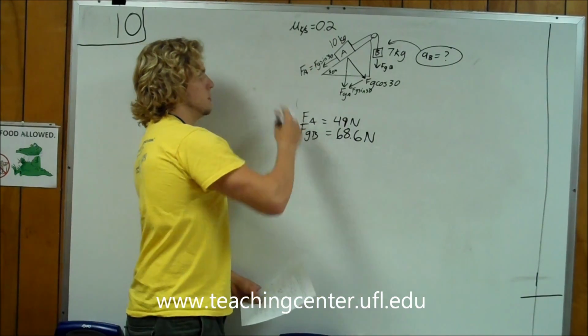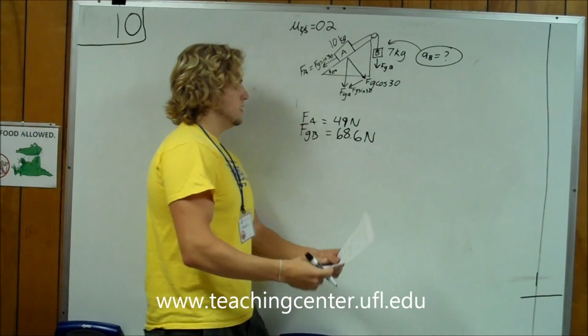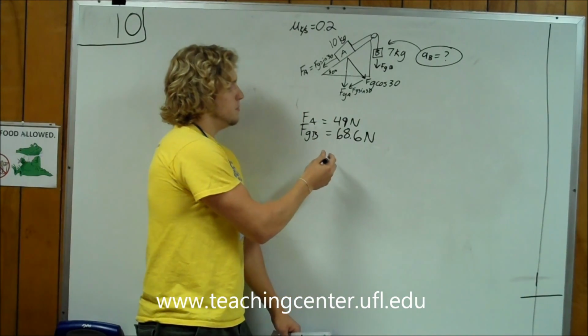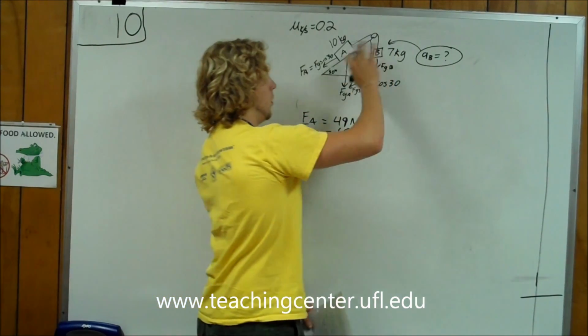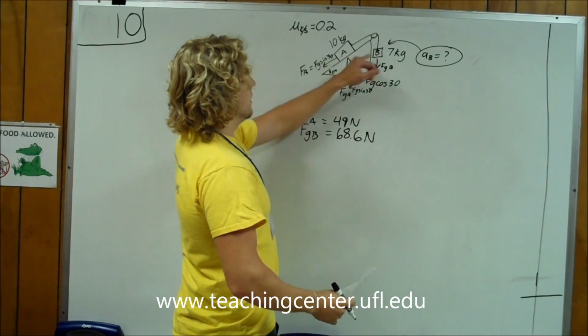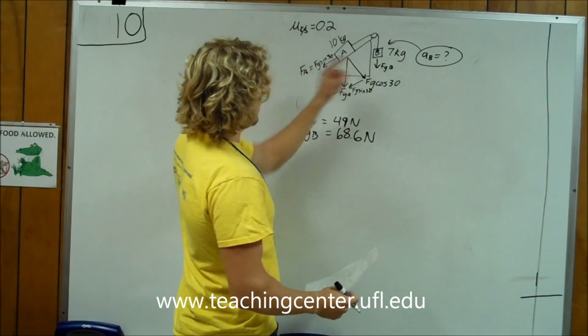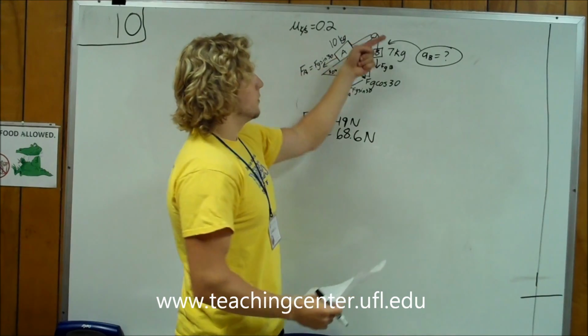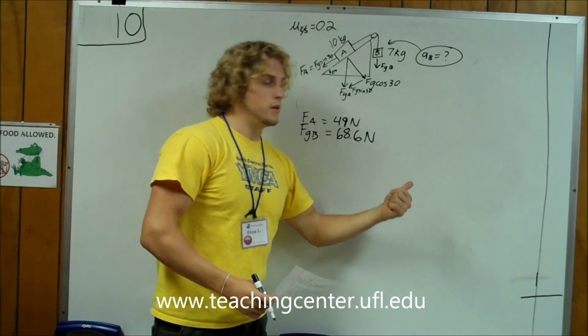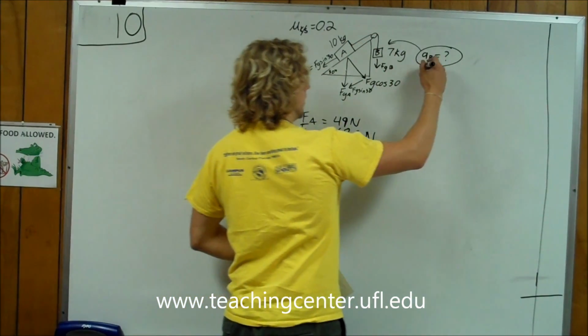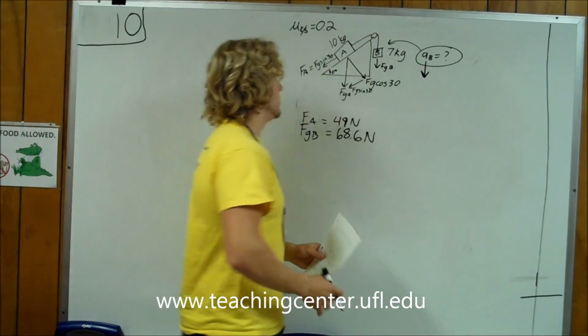So we have FA being pulled down this way, FGB pulling down that way. FGB is bigger than FA, so overall A and B will be moving this direction. A will be going up the ramp and B will be falling down. So at least we know that. B is going down.